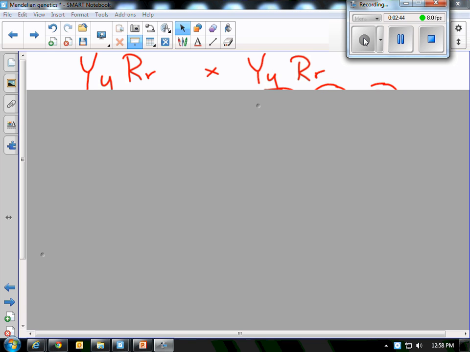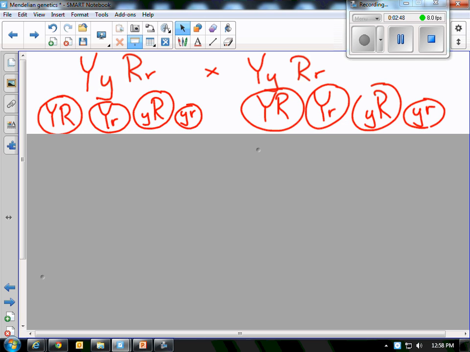And here's the key thing again. Look at what you can get. The gametes must be every possible combination of a Y and an R. So there are 4 possible gametes for each parent. This is the principle of independent assortment.